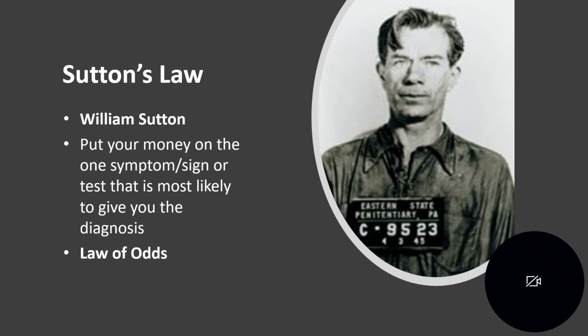HbA1c is not yet recommended by the American Diabetic Association as the gold standard for diagnosing diabetes mellitus. It is very useful. It's recommended for the use to monitor the control of the diabetic patient.